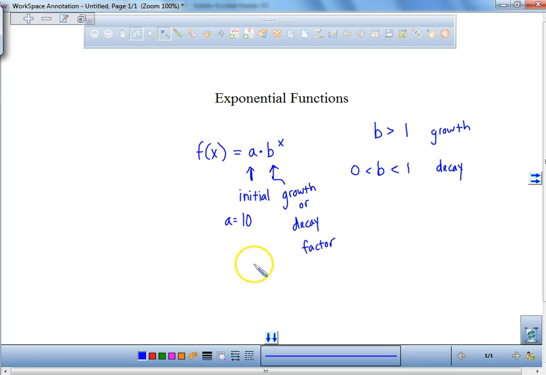All right? So let's say our b value was, let's just make it fun, like a 1.05, okay? 1.05. So let's say our function was f of x equals 10 times 1.05 to the power of x.